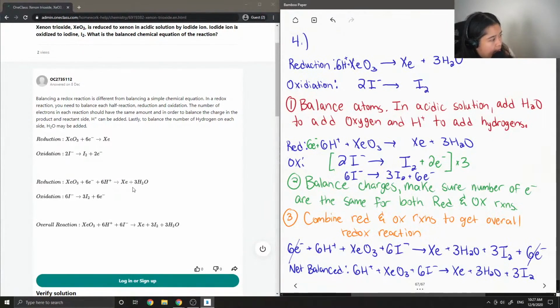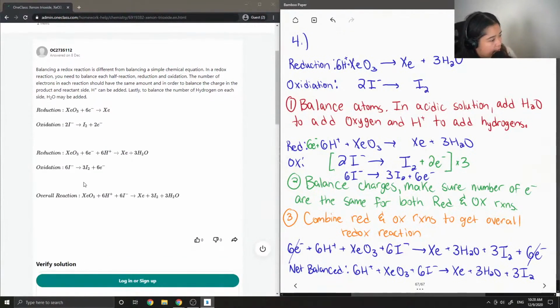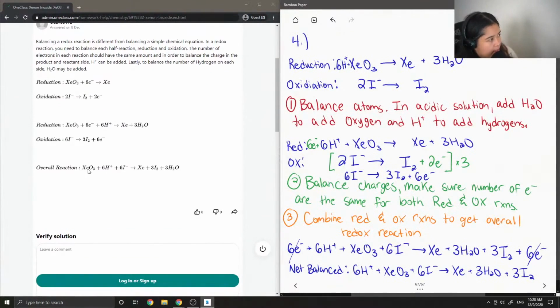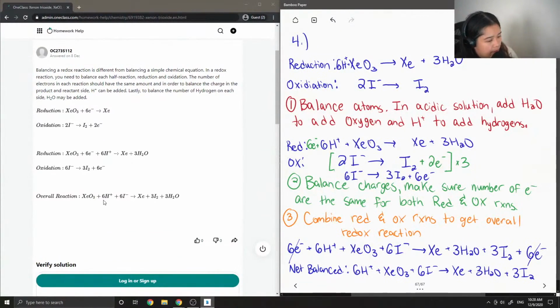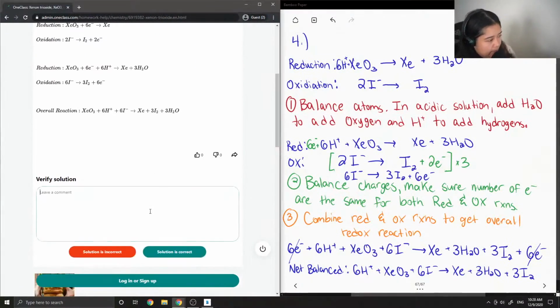Again, it makes more sense for me to balance the oxygens first, so it's easier to know how many protons you want to add. And then I like to balance the charges. But the junior tutor still ended up getting the same answer. Xenon trioxide plus 6 H plus 6 iodide ions make xenon plus 3 iodines plus 3 water. So this solution is correct.